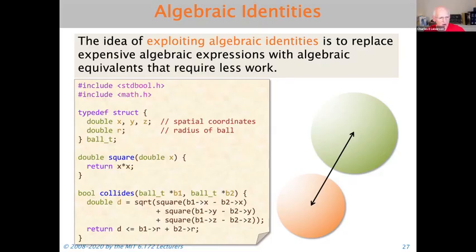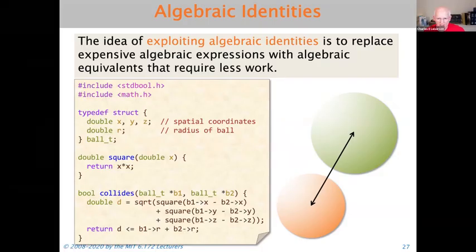Okay, so here's some code that does it. This calculation involves the square root of the sum of squares of the coordinate differences. That's what's going on in this code here that has the square root. And then it returns a true or false by comparing whether D is less than or equal to the sum of the two radii.